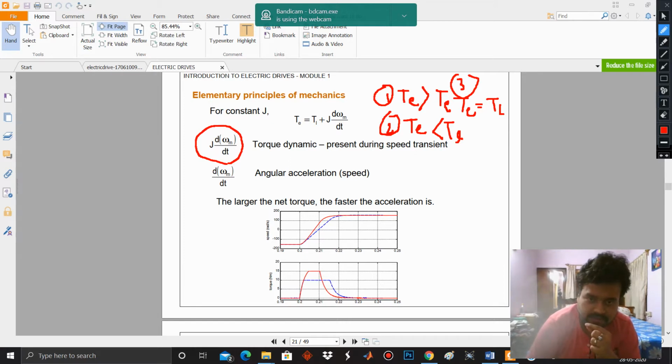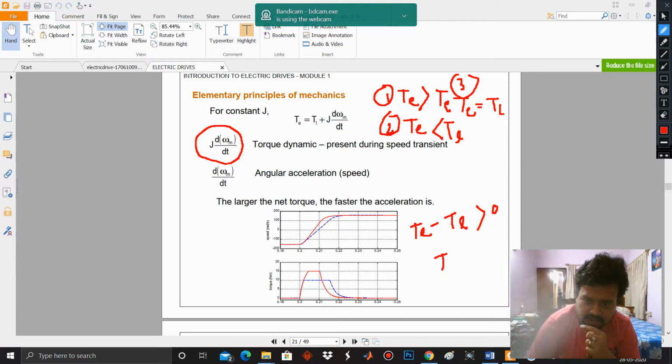So that means if Te is greater than TL, that means Te minus TL is greater than 0. So what is Te minus TL? It is J d omega m dt.